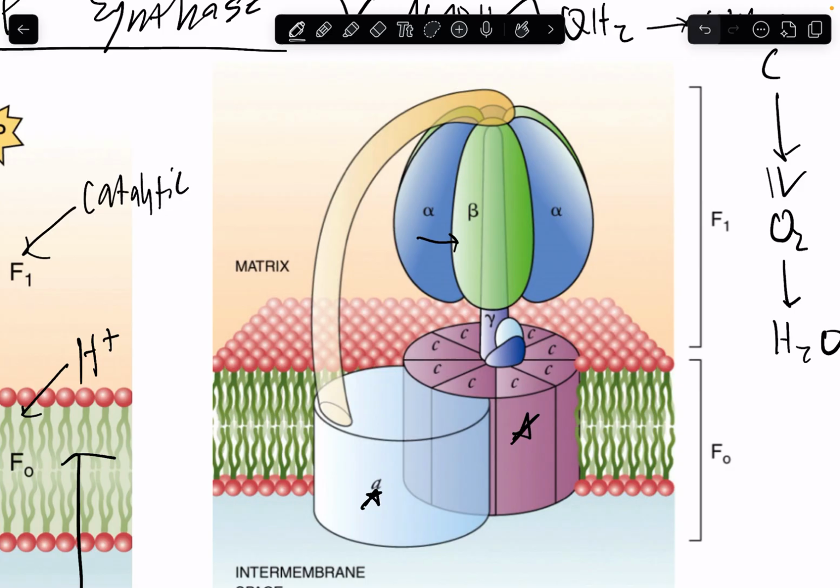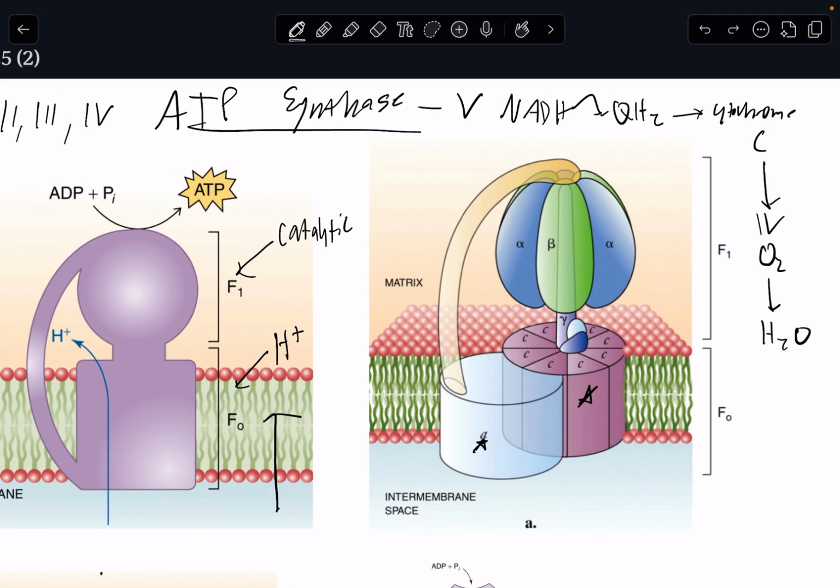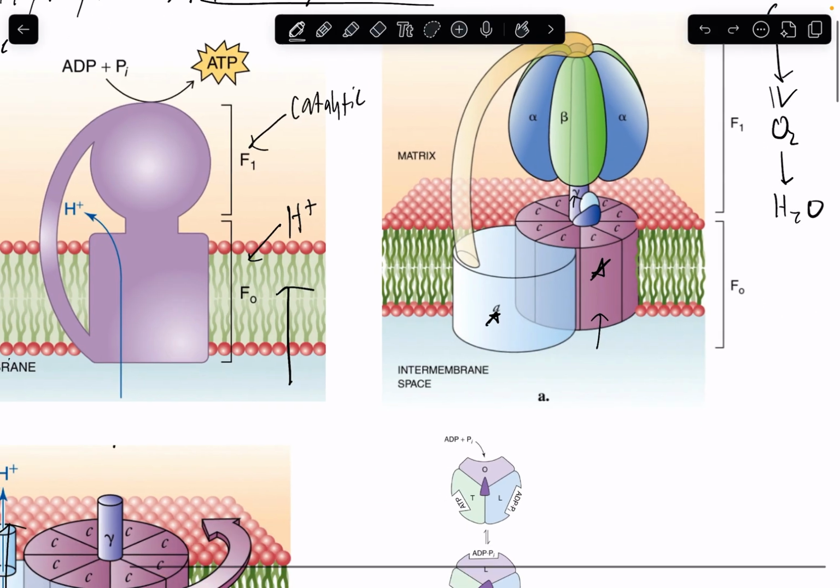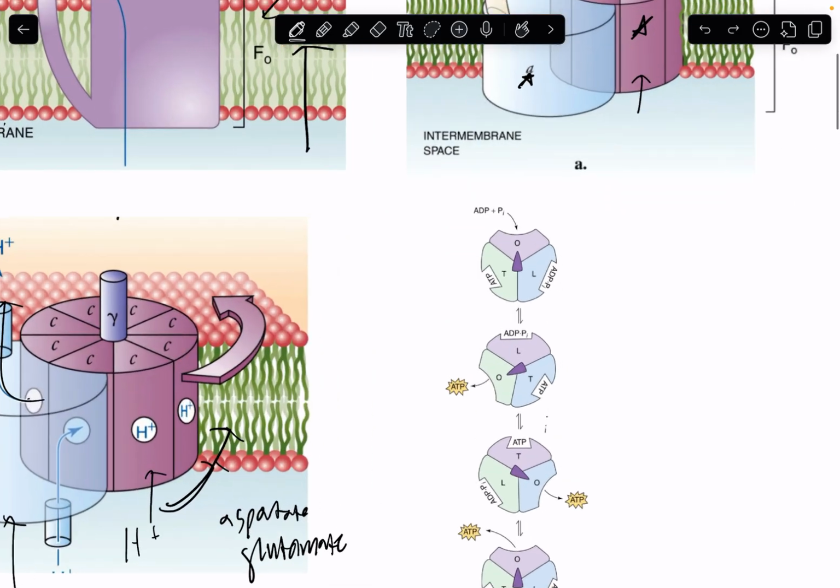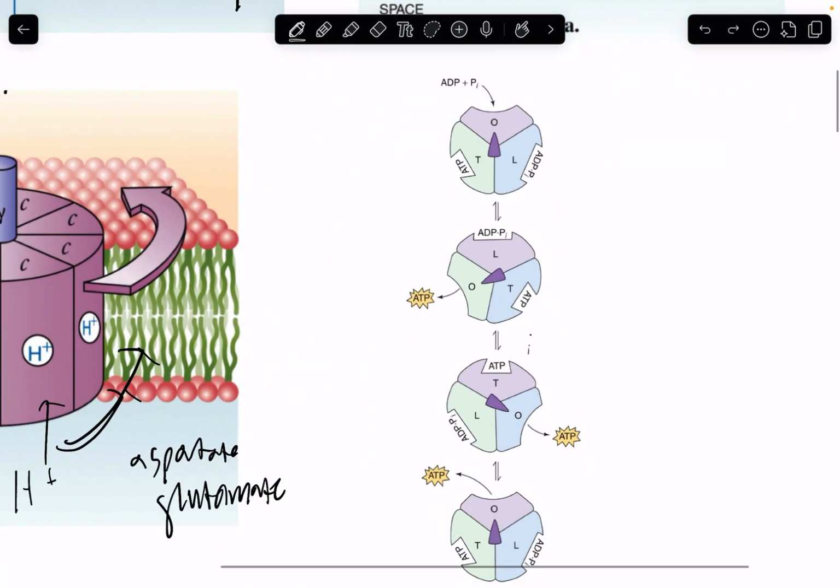They don't actually do anything catalytically. The beta subunits and alpha subunits actually don't move either. It's these C subunits moving with these gamma subunits attached to the alpha beta subunits that cause conformational changes that then allow ATP synthase, essentially.